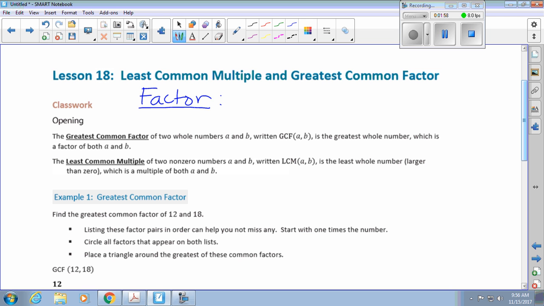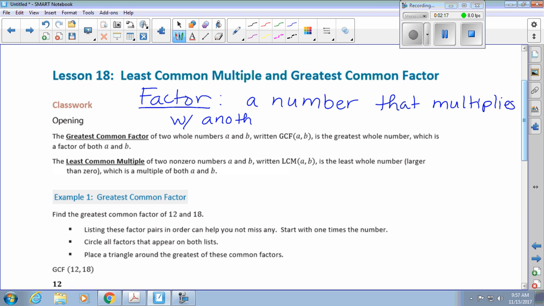A factor is a number that multiplies with another number to get a product.